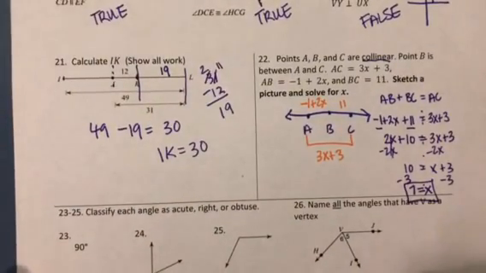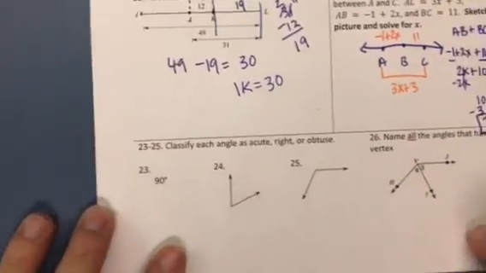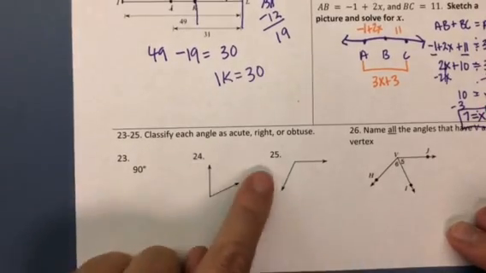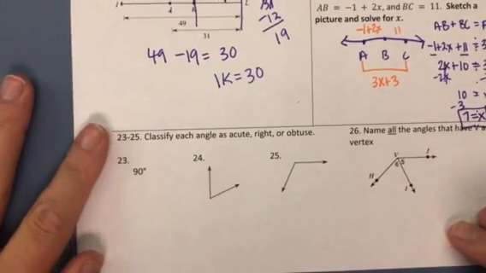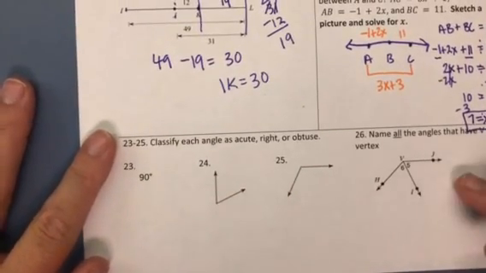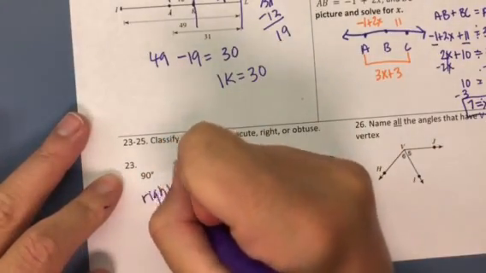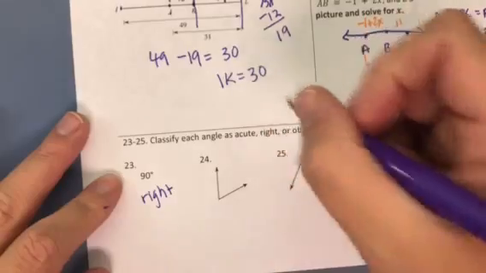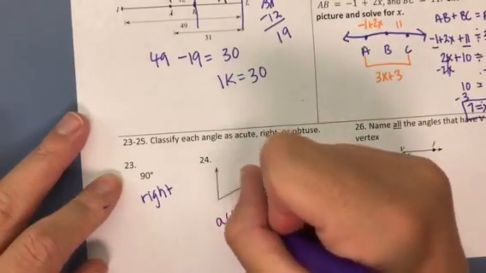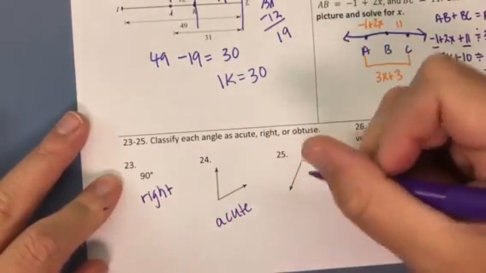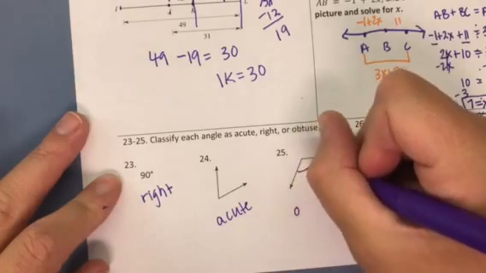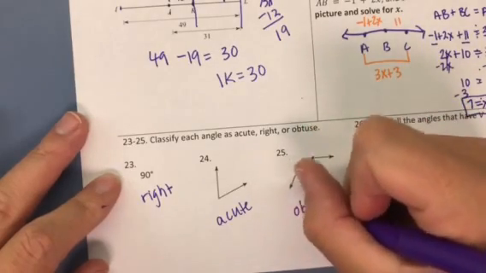All right, 23 through 25. In these questions, we are just using our eyes to classify these as acute, right, or obtuse. This one should be pretty obvious, 90 degrees is a right angle. If an angle looks acute, we can assume that it's acute. And if an angle looks obtuse, like in number 25, we can assume that it's obtuse.